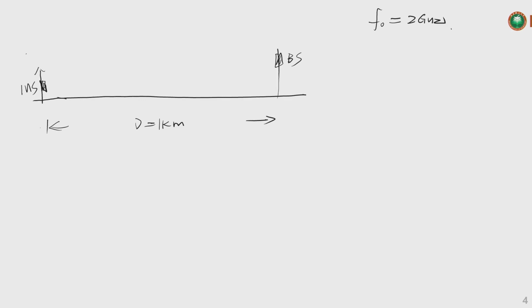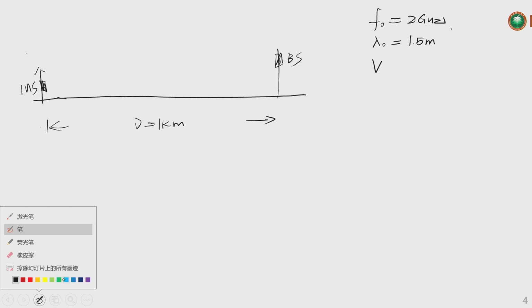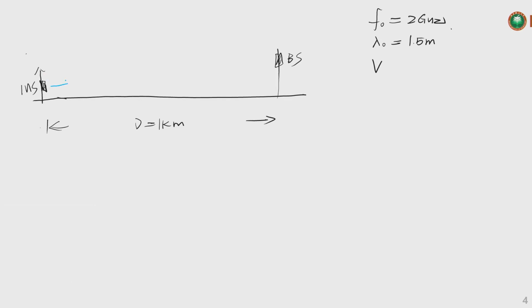The corresponding wavelength lambda_0 is 0.15 meter. And the velocity v, moving in this direction, equals 10 meters per second.